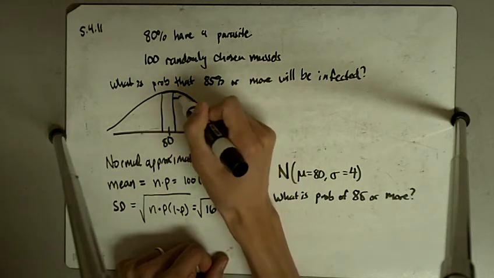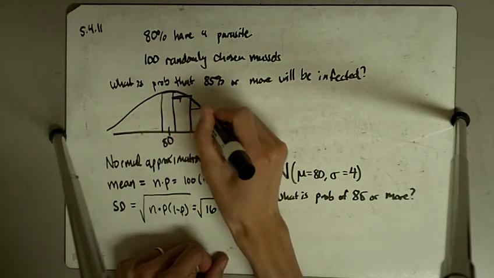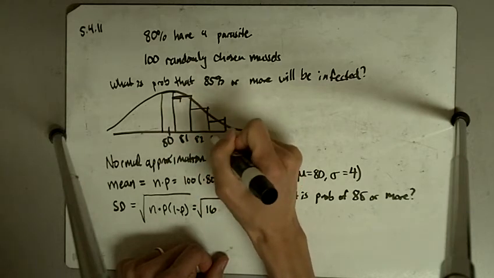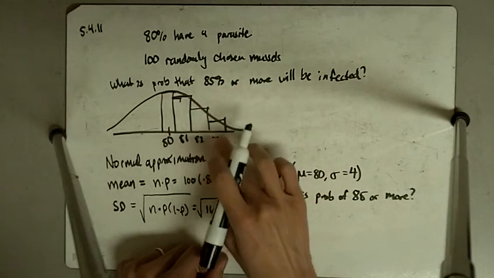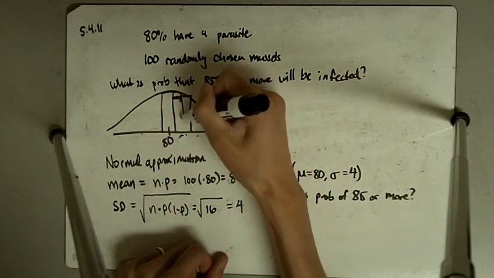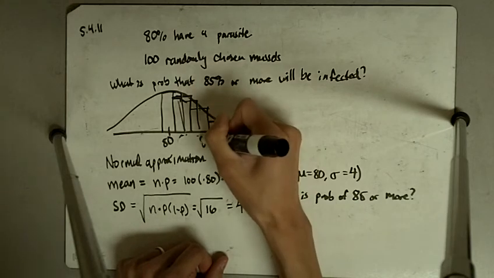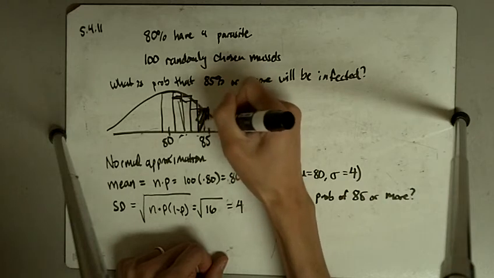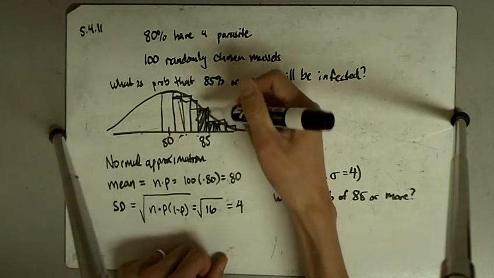And as we go out, here's 81, 82, and I'm drawing these too fat, but 83, 84, 85. But let's just pretend there are other bars here, and if we want to include 85 or more, we want to include 85 and all of these future bars, we want to include that bar.